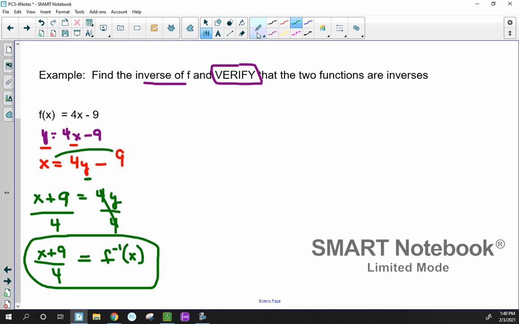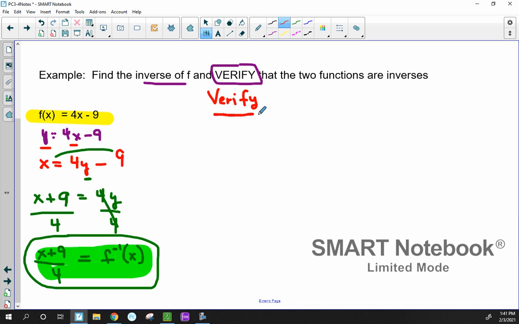Alright, so that's what we think the inverse is, and I'm going to highlight both of these. We've got f of x, the original function, 4x minus 9, and then what we think the inverse is, x plus 9 divided by 4. Now we're on to the verification step. Again, you only show the compositions if the directions ask you to verify or prove that two functions are inverses.